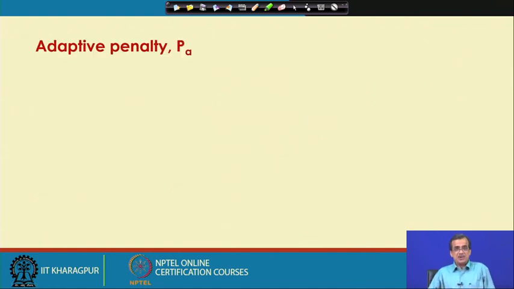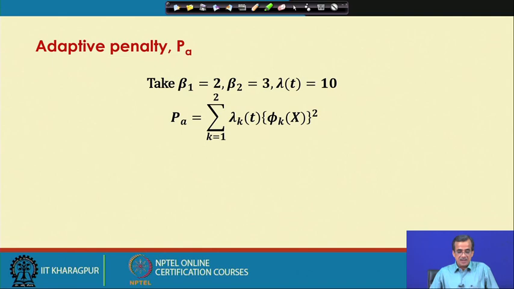Now, let us see how to calculate the adaptive penalty for the same constrained optimization problem. We take beta 1 equals 2, beta 2 equals 3, and let me consider that lambda t equals 10.